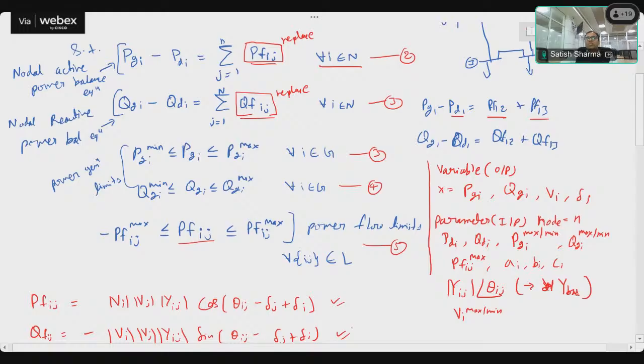So the linking should always be there. Otherwise some of the constraints may not be useful. We can basically call them redundant. Some of the variables may be redundant.